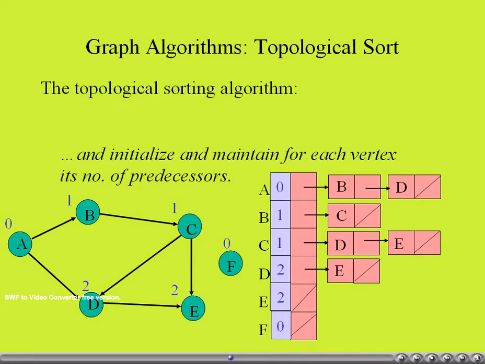Let us assume that we initialize and maintain for each vertex its number of predecessors. For example, in the figure, for A the number of predecessors is 0, for B 1, C 1, D 2, E 2, F 0. This is maintained in the linked list.